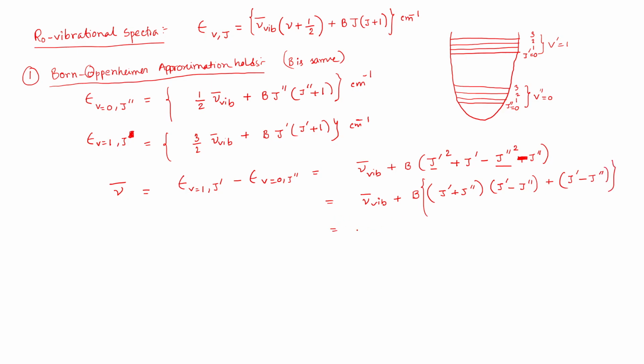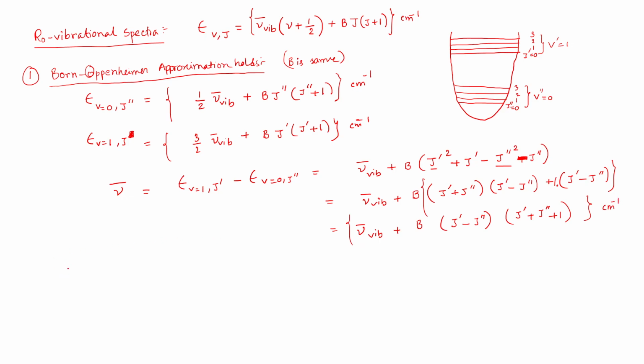So eventually what we are going to get is B times J prime minus J double prime, times J prime plus J double prime plus 1, right? 1 will come from here, and these are all in centimeter inverse.